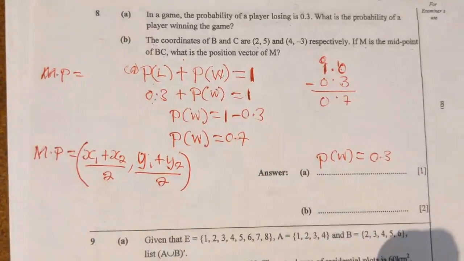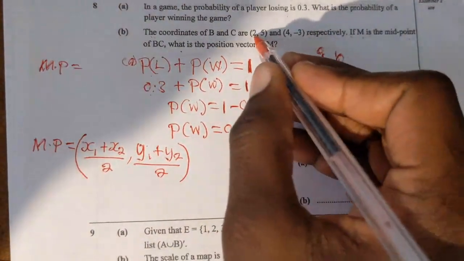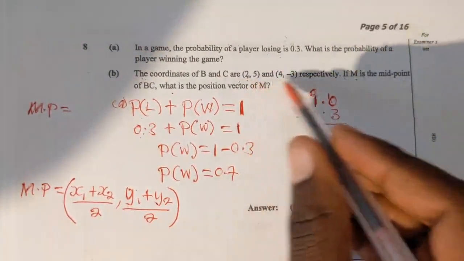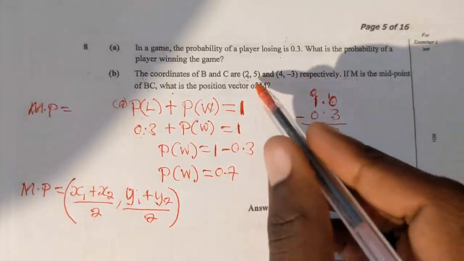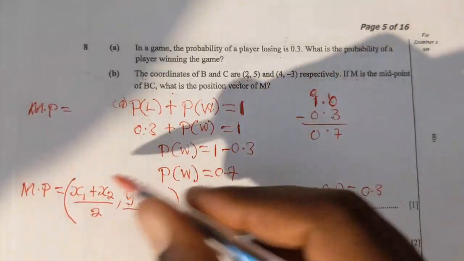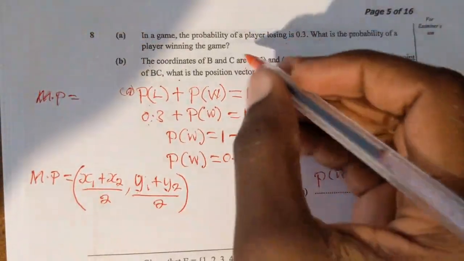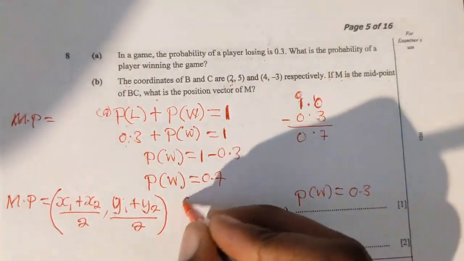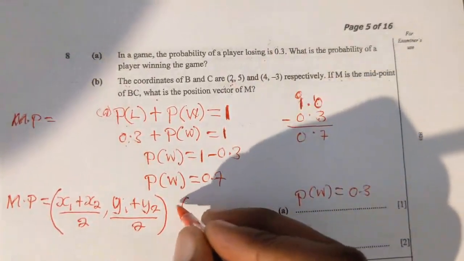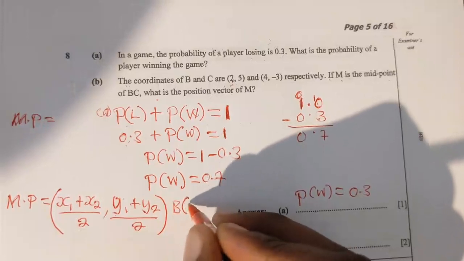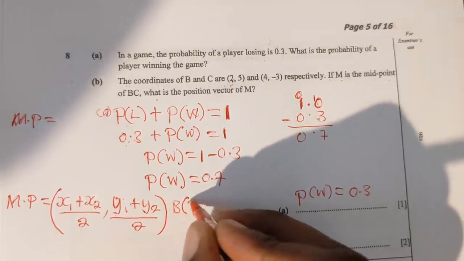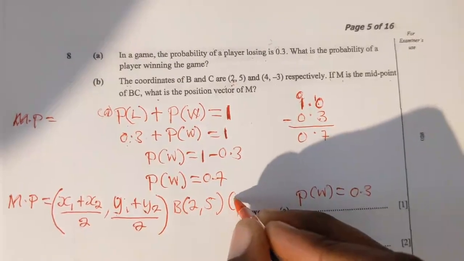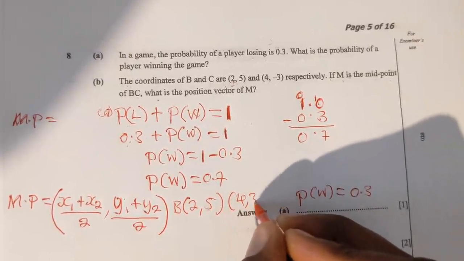What you need to do is take these coordinates here and replace them in the formula. We have B as (2, 5) and C as (4, negative 3).